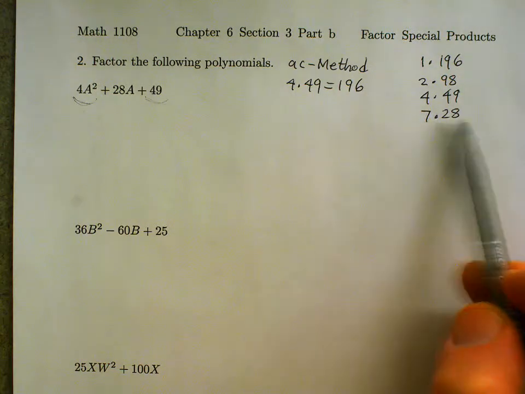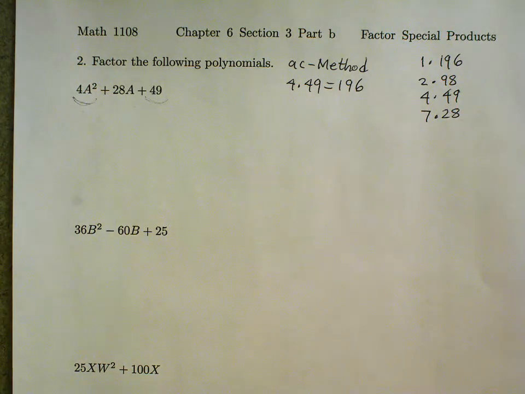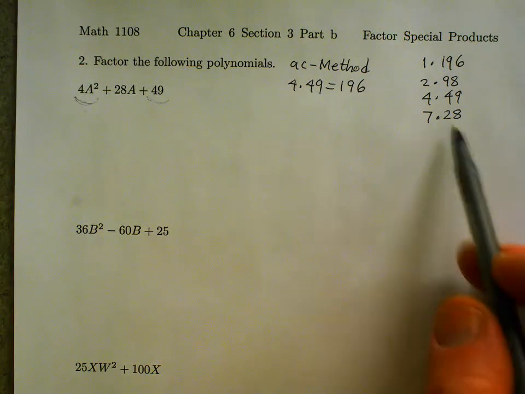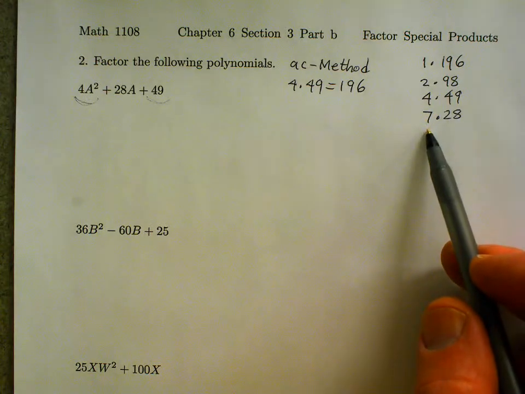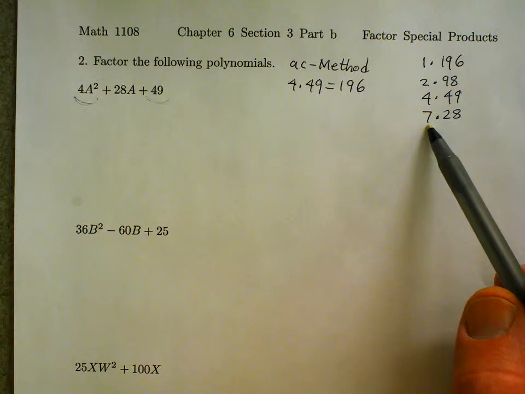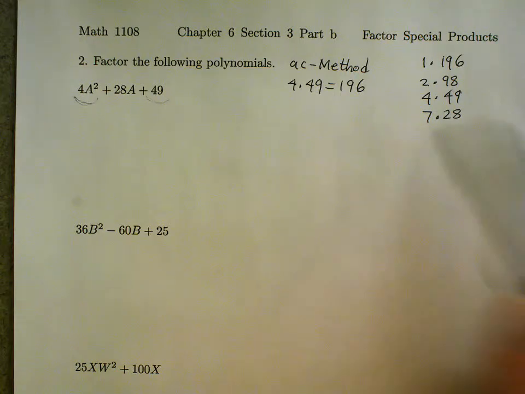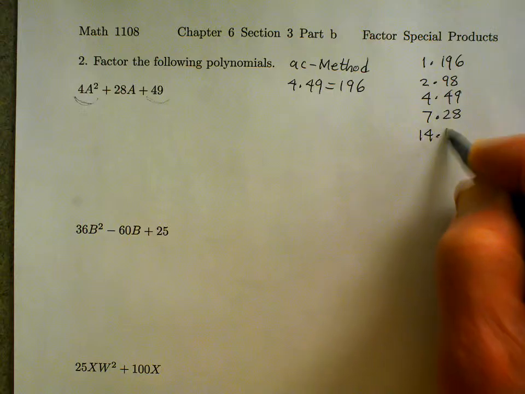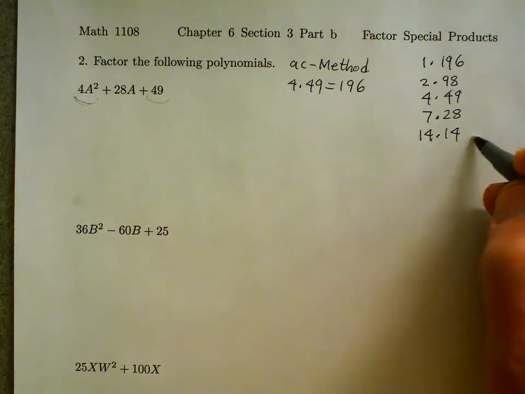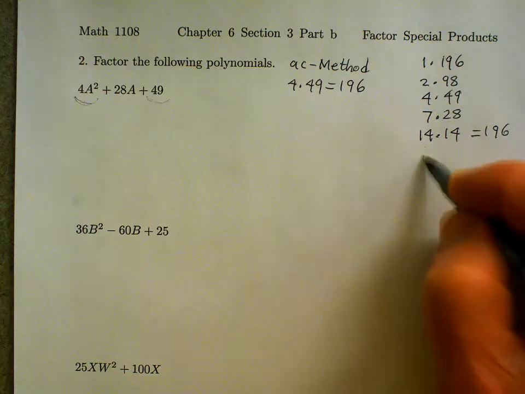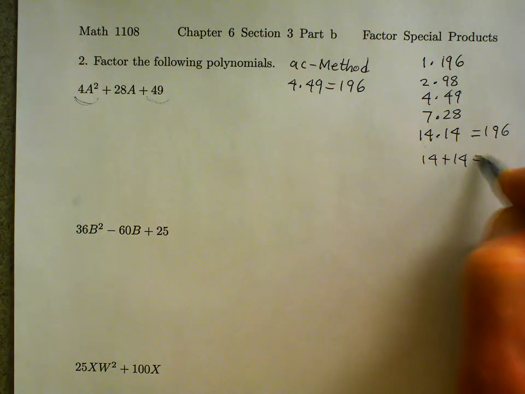Those add up to 35. So we're getting closer. 8 is not a factor. 9 is not a factor. 10 is not a factor. 11 is not. 12 is not. 13 is not. 14. 14 times 14 is 196. And 14 plus 14 is 28.